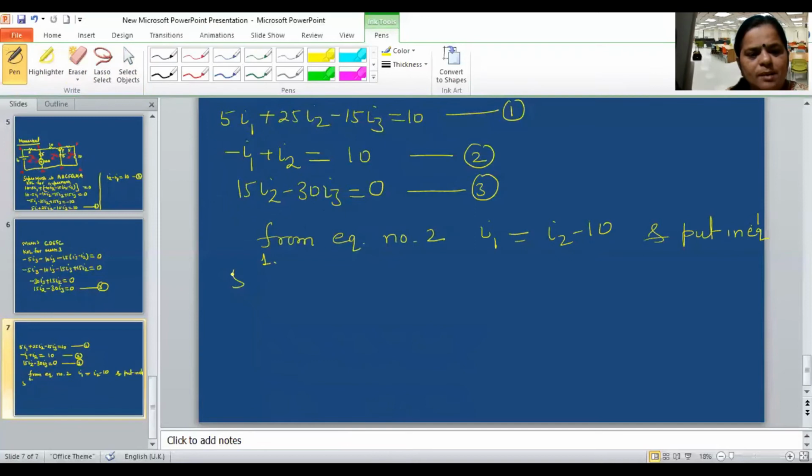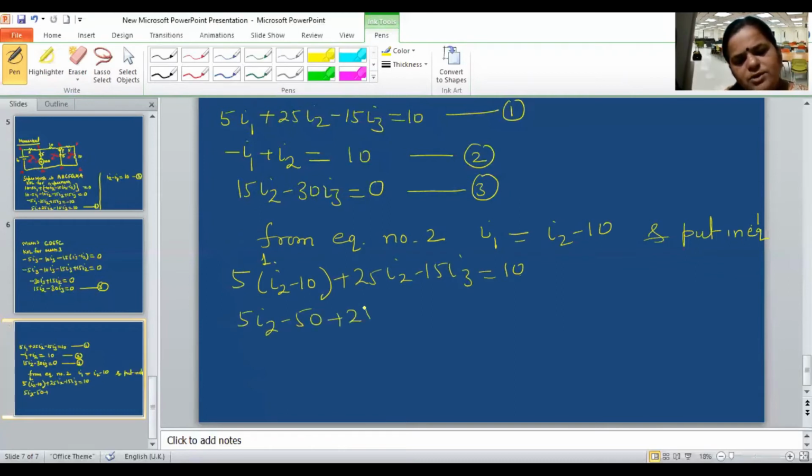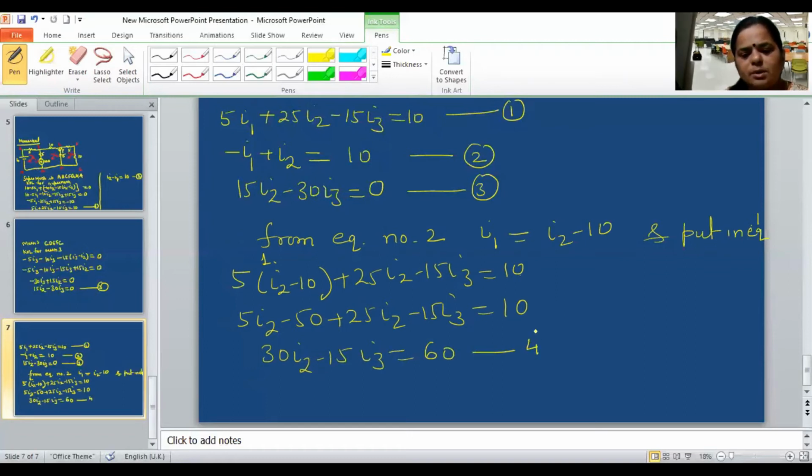So what I am going to get: 5 times I2 minus 10, plus 25I2 minus 15I3 is equal to 10. So I get 5I2 minus 50 plus 25I2 minus 15I3, that is equal to 10. So that will be 30I2 minus 15I3, that is equal to 60. Now this is equation number 4.